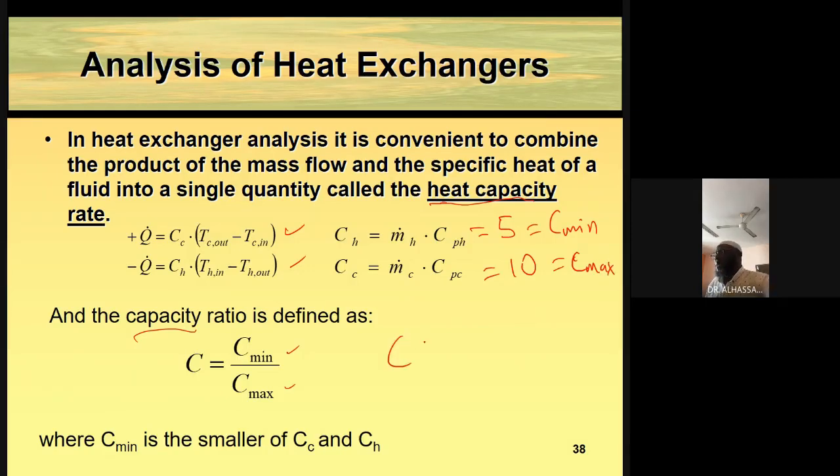The capacity ratio will give us 5 divided by 10, which is 0.5. So that's the capacity ratio.